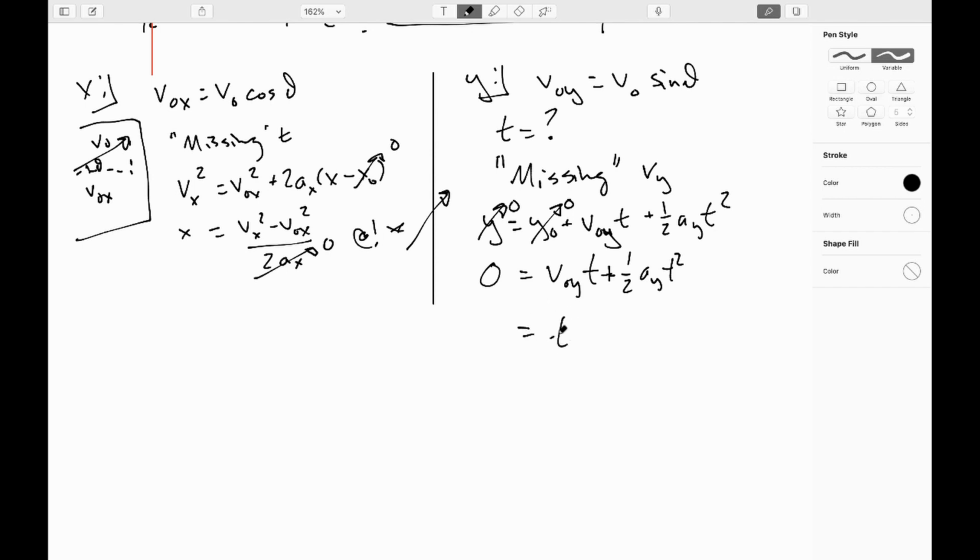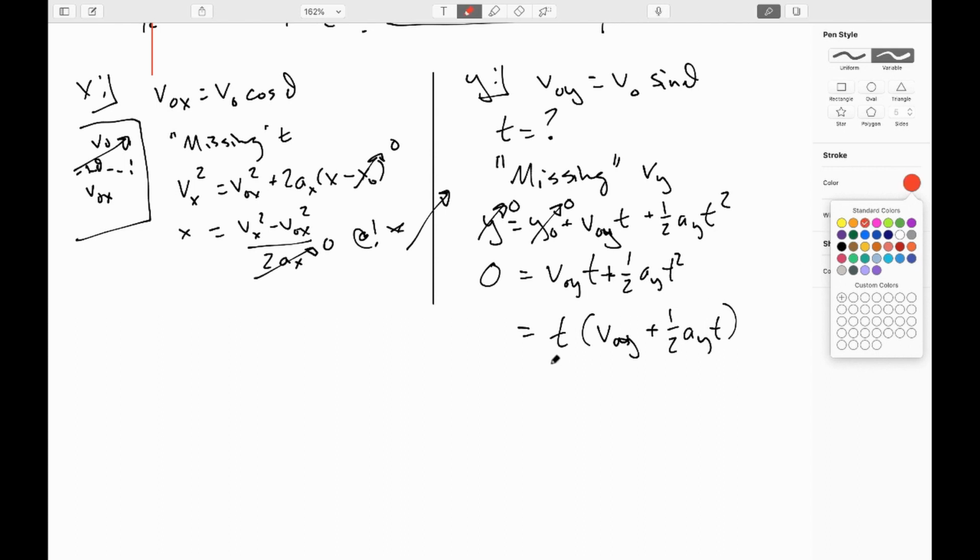So let's factor: t times (v naught y plus 1/2 ay t). And you remember that we'll have two roots. One root if this term is equal to 0, the other root if that term is equal to 0.